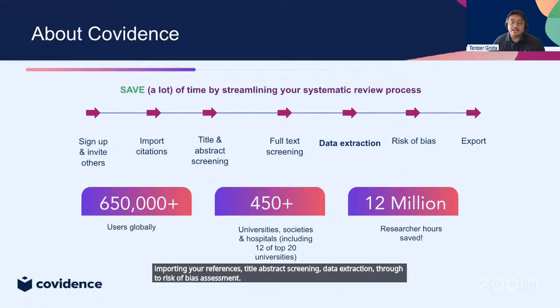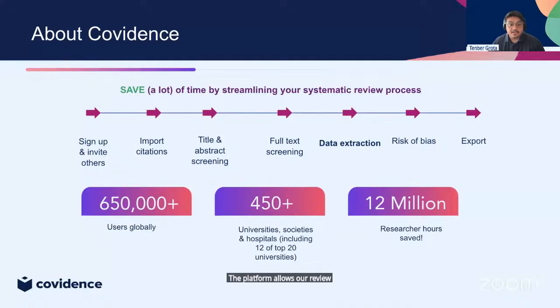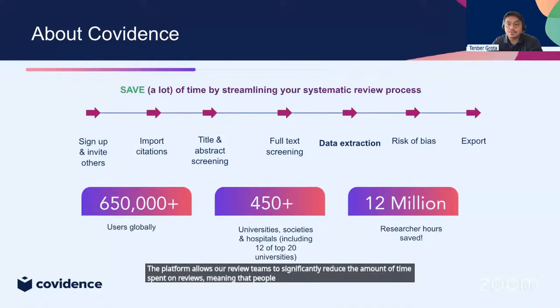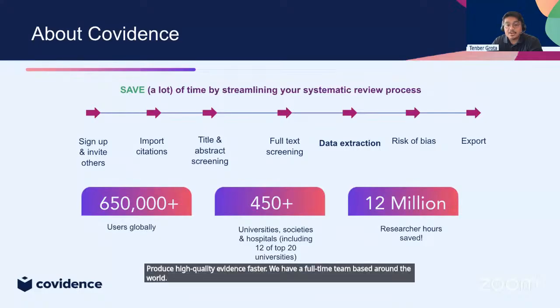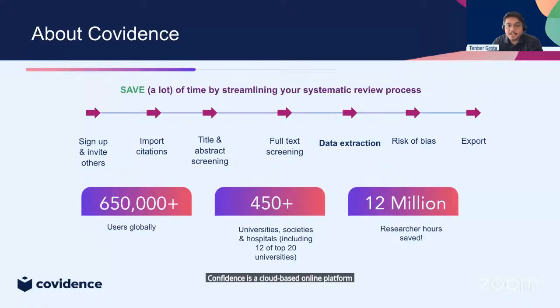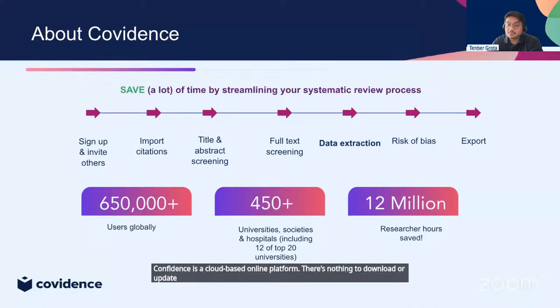The platform allows review teams to significantly reduce the amount of time spent on reviews, meaning that people are able to produce high quality evidence faster. We have a full-time team based around the world continuously working on improving the product and providing technical support to our global user community. Covidence is a cloud-based online platform. There's nothing to download or update, and we currently support the world's largest review community with over 650,000 users around the world.